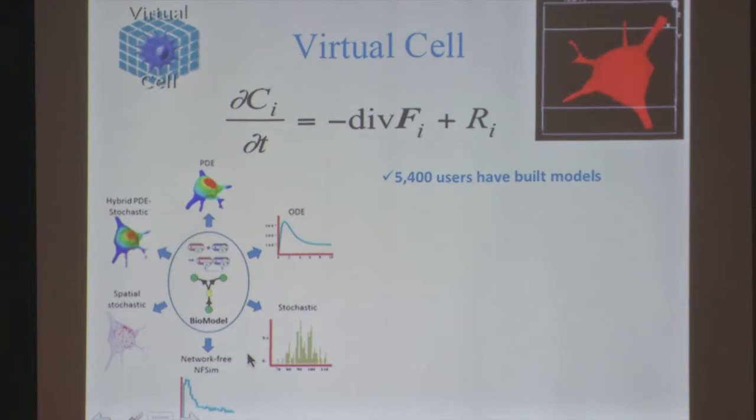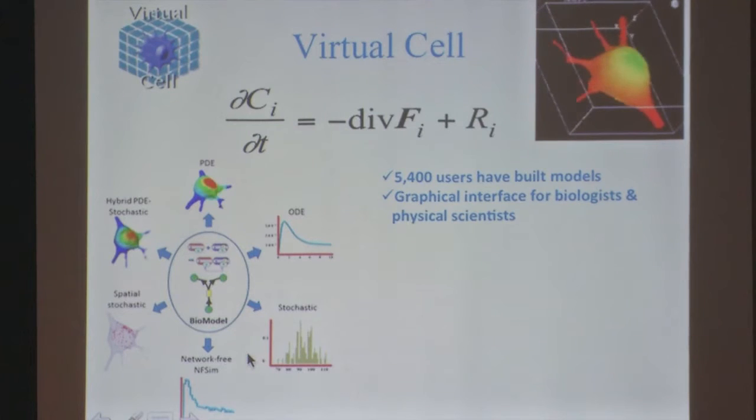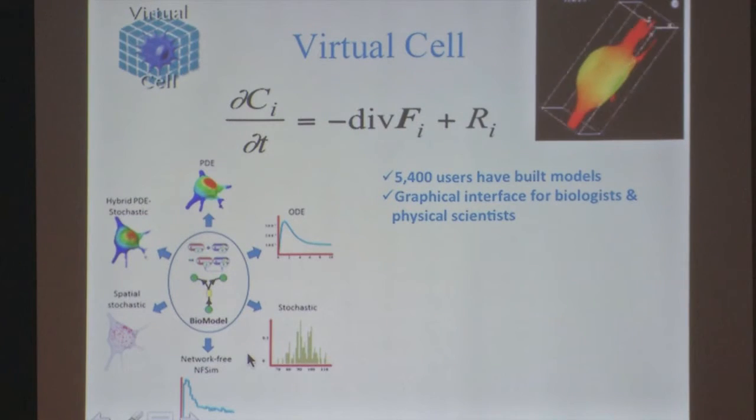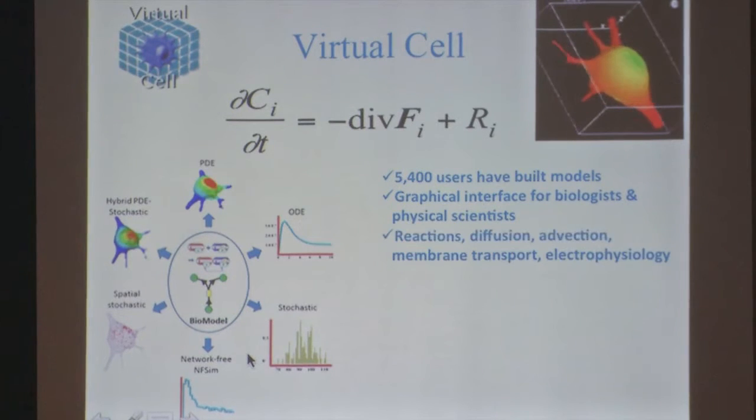We have 5,400 users who have actually used the software, who've built models. It has a graphical interface that is designed for biologists so that you can build your models fairly easily, and the math is automatically generated. The simulators are automatically deployed.